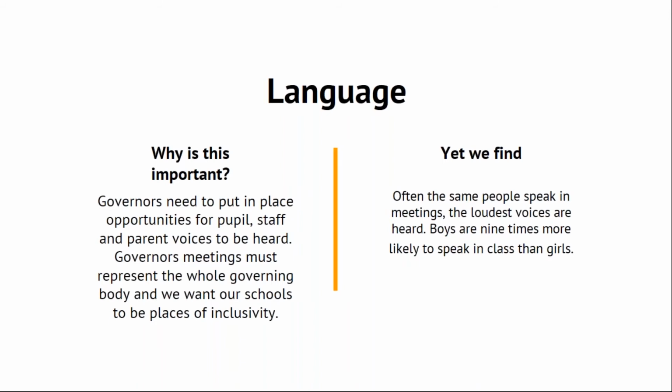Research from Trinity Western University shows that boys are 9 times more likely than girls to speak in class. Which is really shocking, and when Ofsted are going around, they will be looking at who's engaging in the lessons, and they will want to know how we're communicating with our staff and parents.